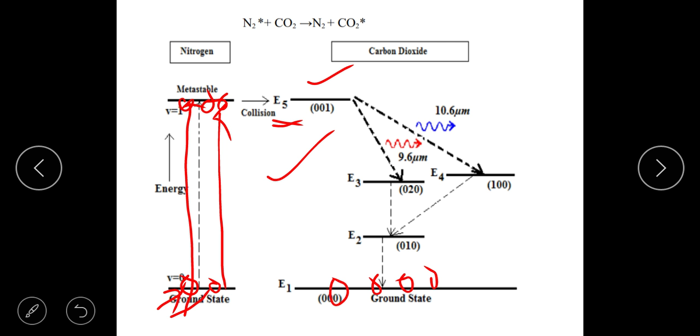Remember, first is the symmetric stretch, this is bend, and this is asymmetric stretch. These two completely coincide. So what happens? Since it's a metastable state, the molecules remain there for a relatively longer time.